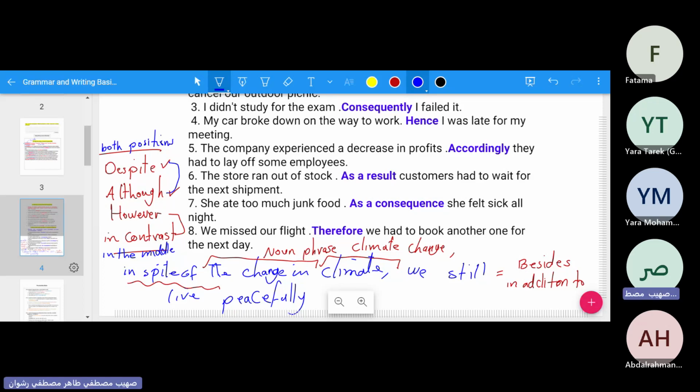Yeah, Yara, the punctuation of the first sentence is not correct. All are fine except the punctuation of sentence number 1. Punctuated correctly. Okay?